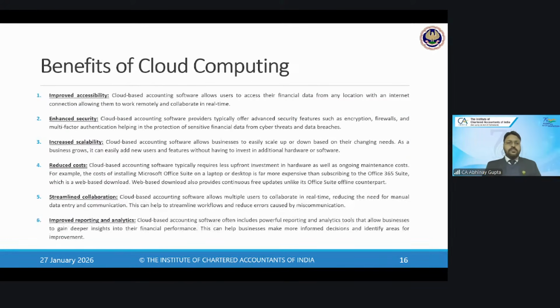Have you ever heard the word Internet of Things, IoT? Yes, sir. What is that? Internet of Things? I could not recall immediately, but I studied it in auditing.